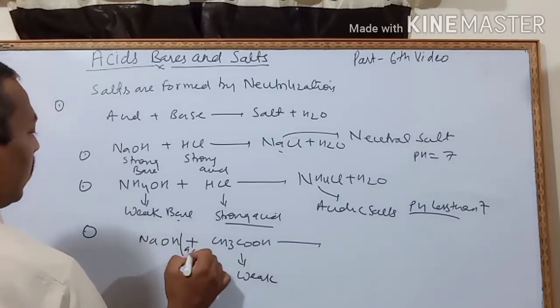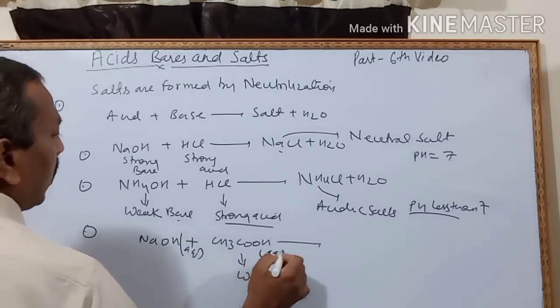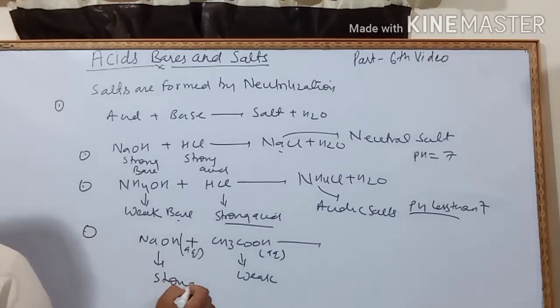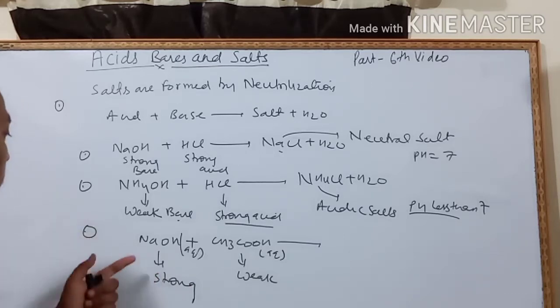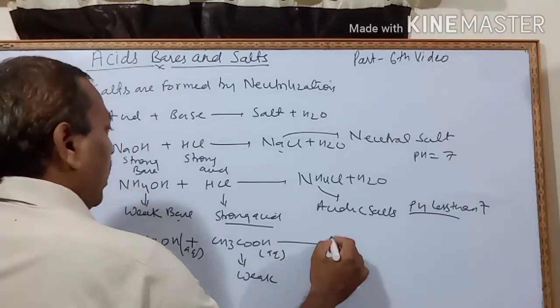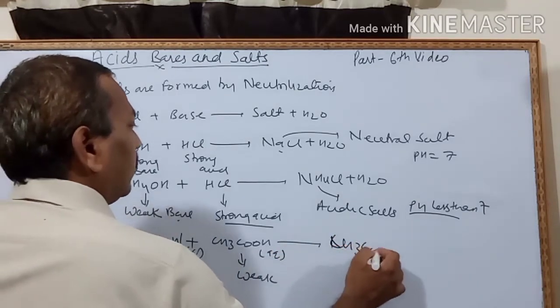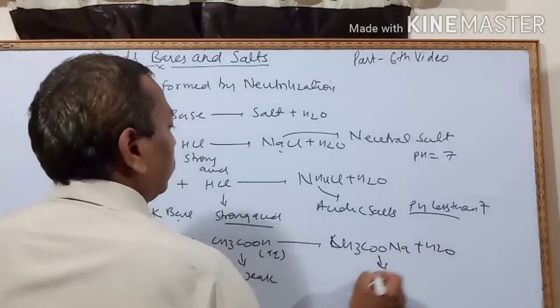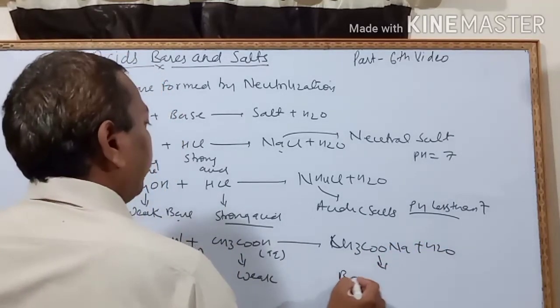Here sodium hydroxide is a base and it is strong, so we get CH3COONa plus water. This is a basic salt.